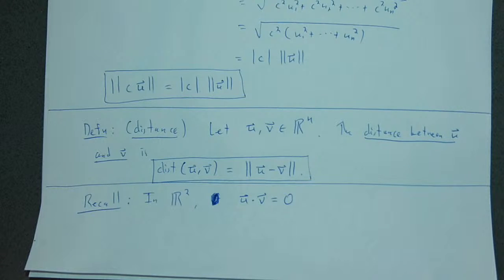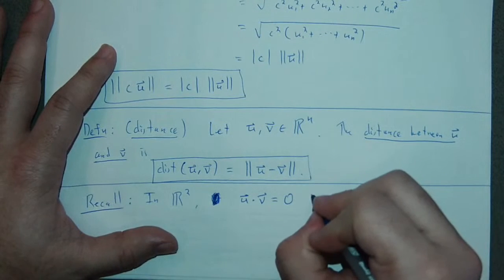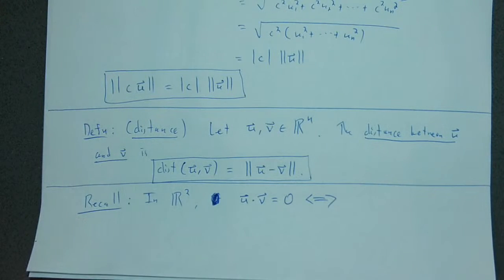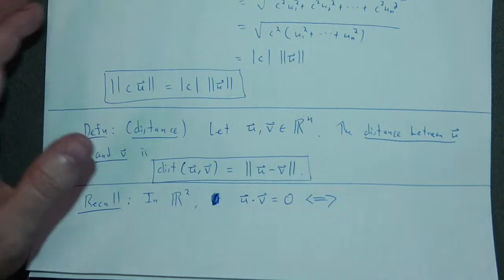What does that mean about u and v? It means something geometric. Recall your calculus 3 knowledge. They're perpendicular, right? That's exactly it.